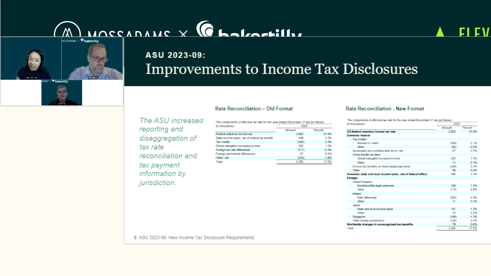Probably there are foreign tax credits maybe in the tax credit category. But then the new standard would expand that and provide a lot more information to the reader of the financial statements. So we just wanted to provide this visual. We're going to come back to it as we talk about the categories and such, but just to give you some flavor of the new standard here.